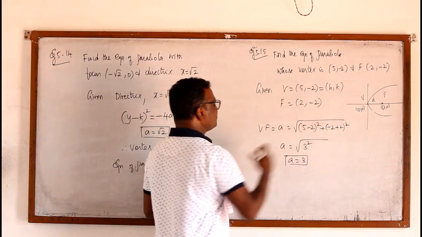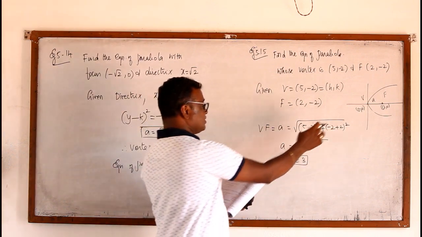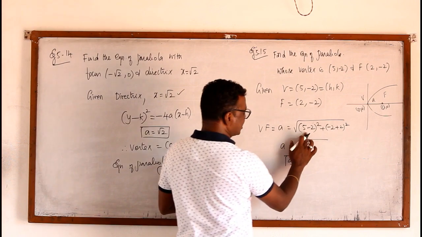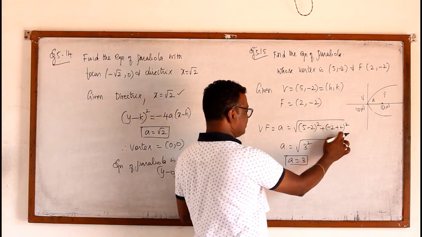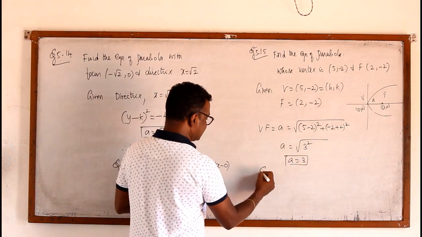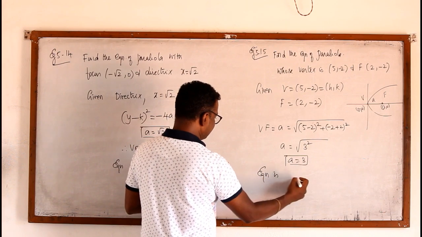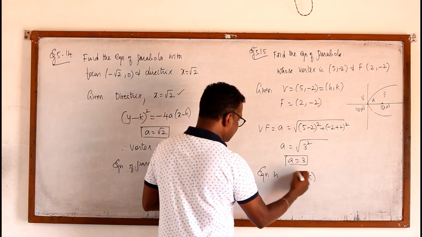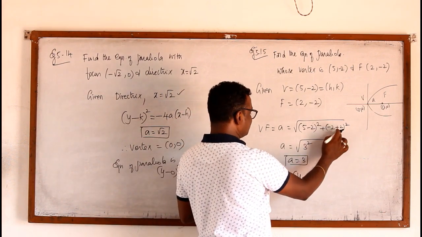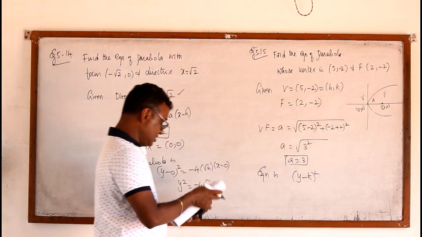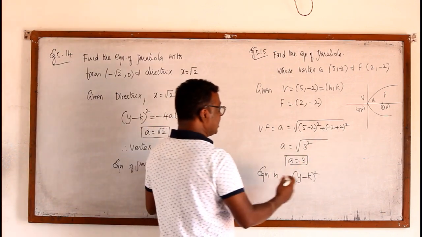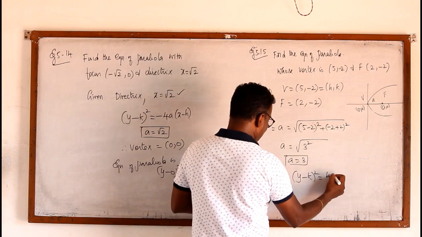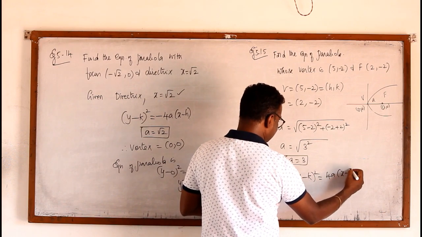Now we can see the curve, y is becoming 0, isn't it? Here this is x part, this is y part, so y is becoming 0. That means the equation starts with y. So equation is (y minus k) the whole square equal to 4a into (x minus h).